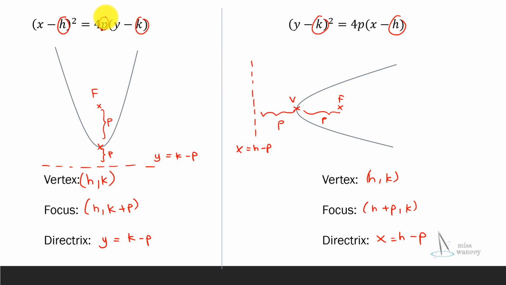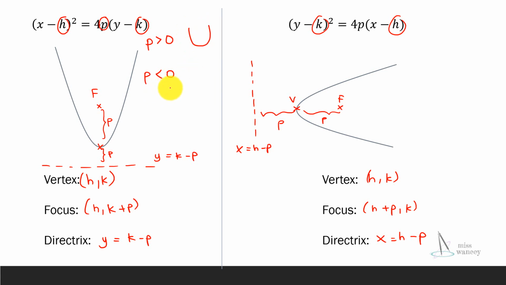Okay, so now after you calculate your p, you might get one of these two values of p: either a positive number or a negative number. The difference between them is that if you have a positive p, your graph should go upward.